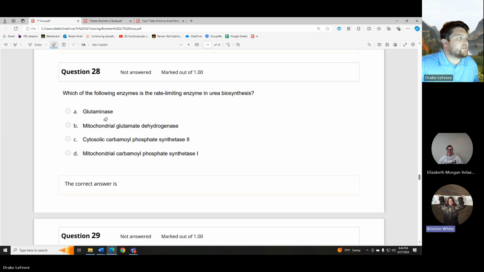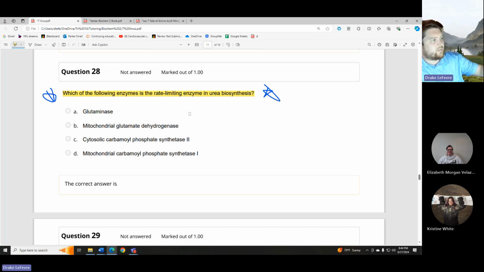Okay, which of the following enzymes is the rate limiting enzyme in urea biosynthesis? I promise you, this exact question is going to be on the test. Rate limiting enzyme.